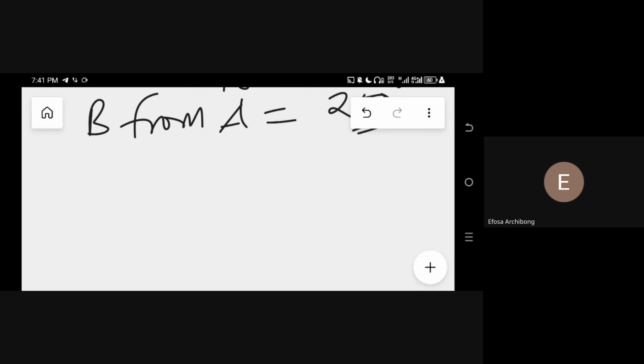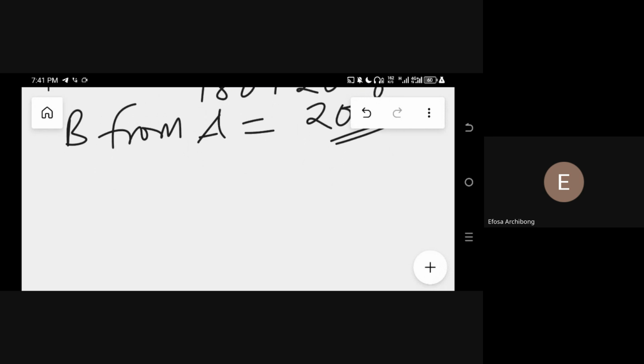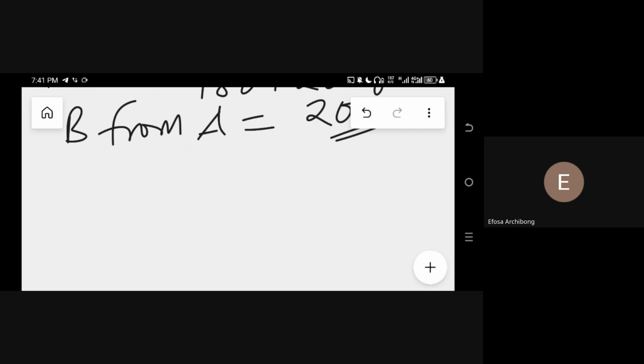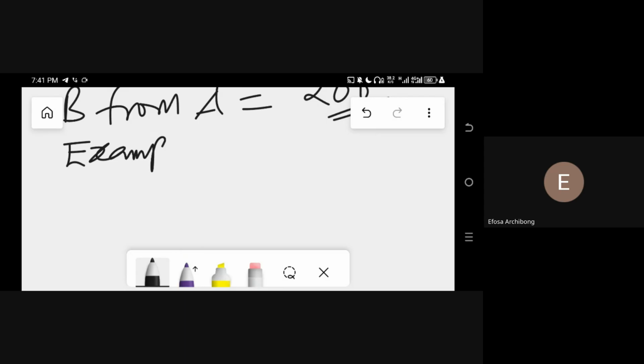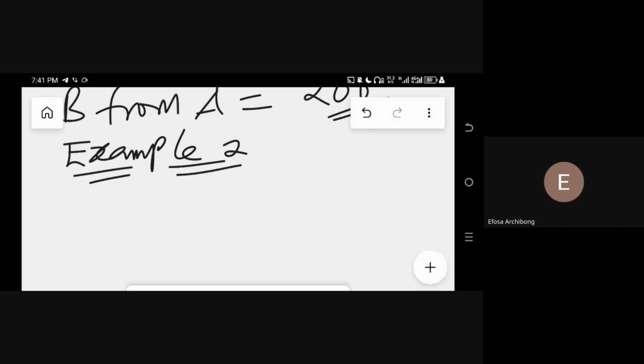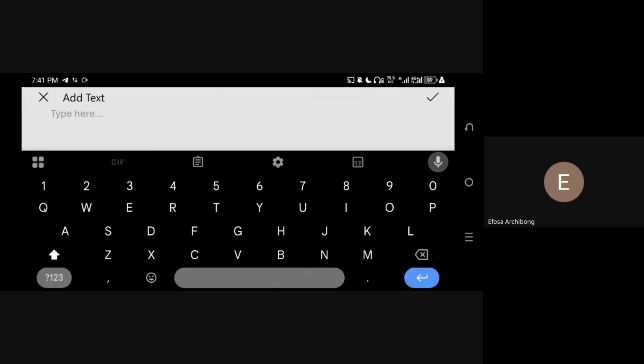Okay, so that is example one, the first example we've dealt with. Let's take another example, and let's call this example two. In example two, we create another question.